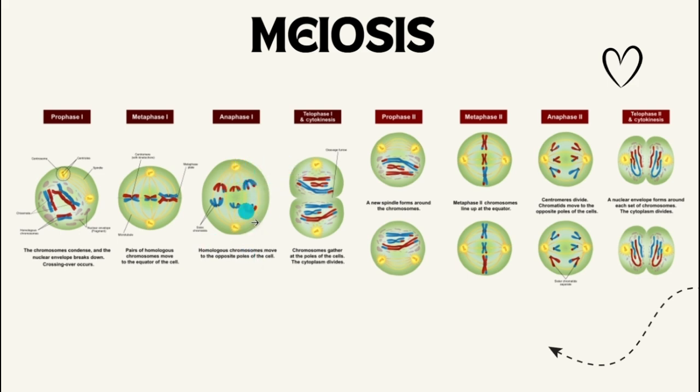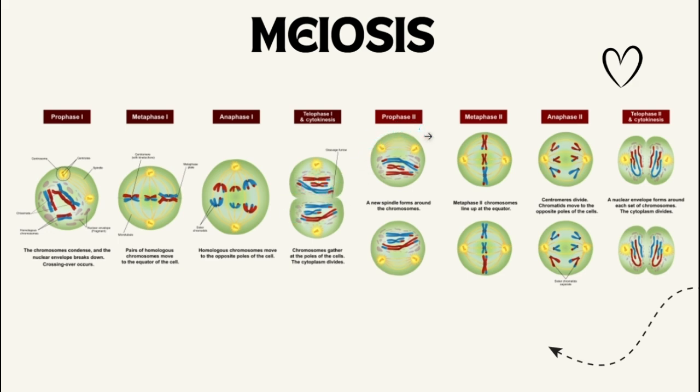Then in anaphase, they're being pulled to opposite ends of the cell. And then in telophase and cytokinesis, the nuclear envelope reforms, chromosomes decondense, meaning they become less visible, the spindle fibers are gone, and the cell creates a little pinch in it, like it's splitting into two.